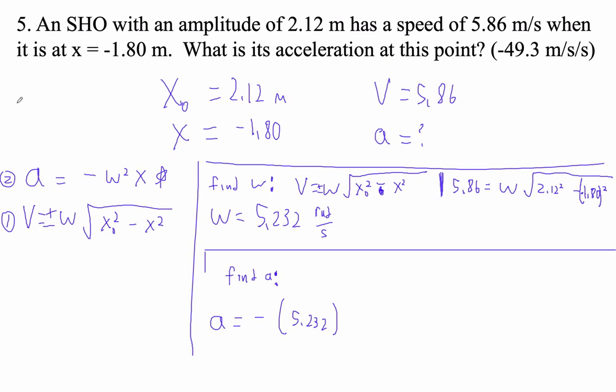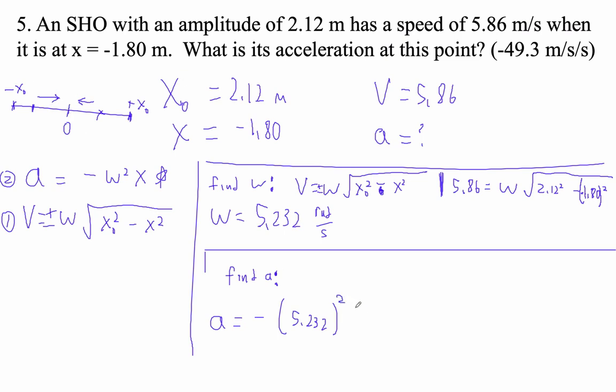If here's our equilibrium and my x is positive, I'm going to be accelerating toward the negative. And if my x is negative, my acceleration will be to the right. No matter which way I'm moving, my acceleration will always be toward that center.